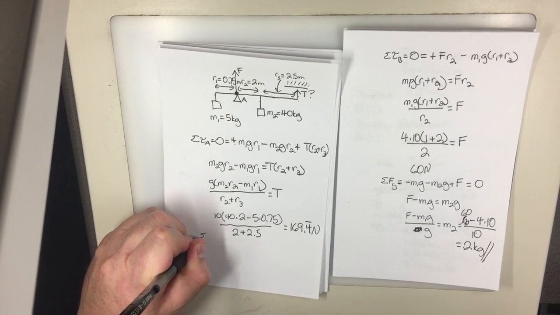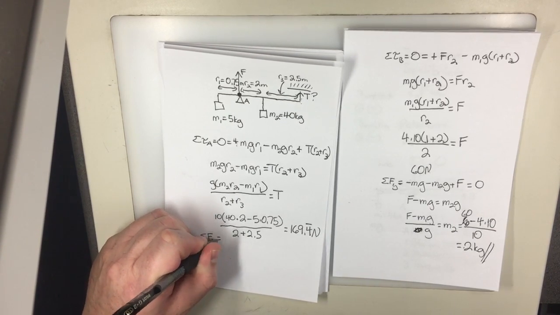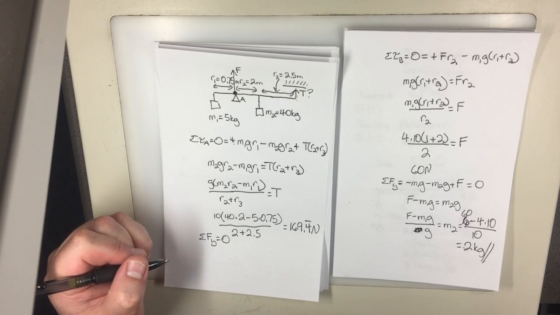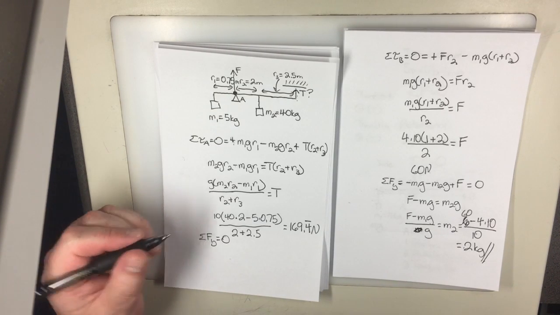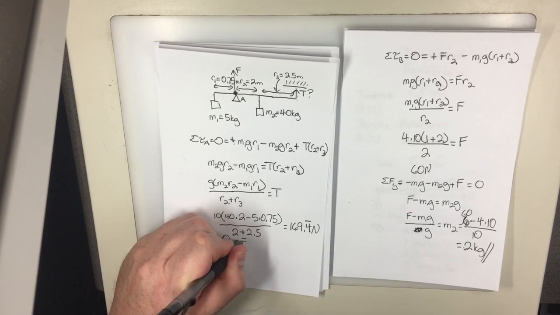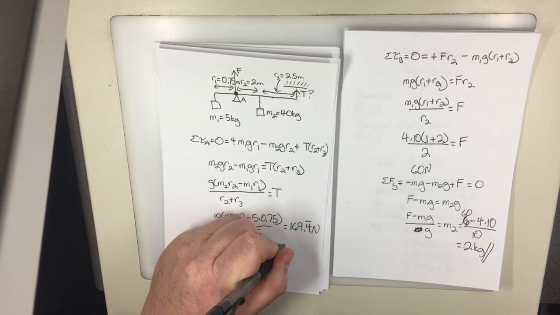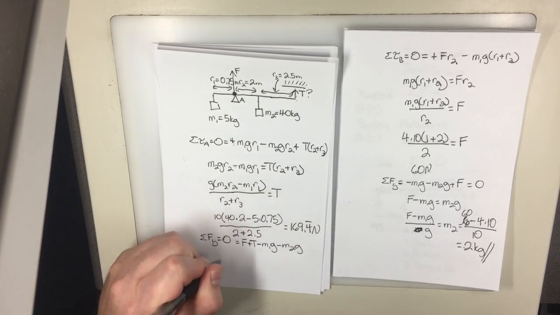The second part, sum of the forces in Y are equal to 0. Up forces are the same as the down forces: F plus T minus M1G minus M2G.